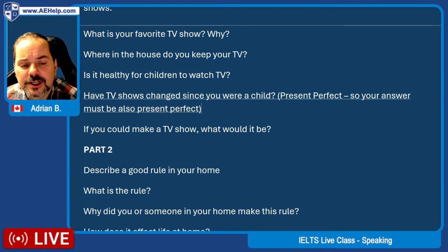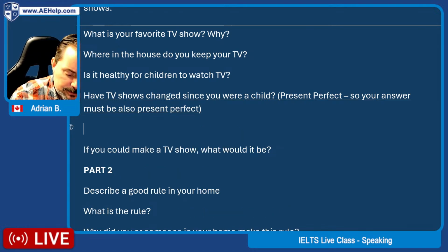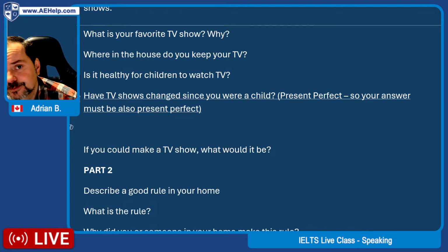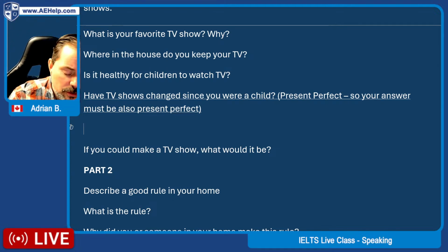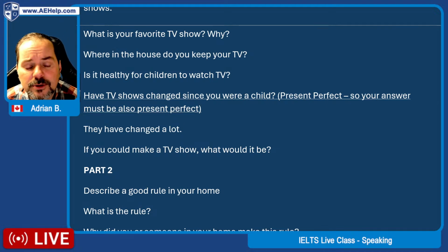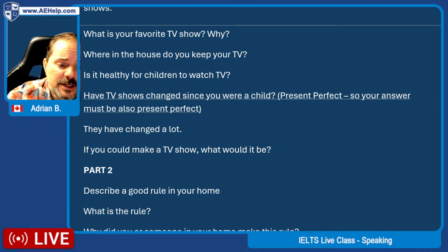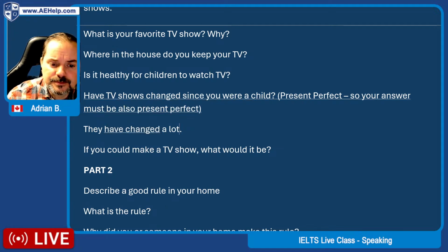In natural English, usually when a question is present perfect, very often the response will be in present perfect. So they have changed a lot. Just even a quick, simple acknowledgement of the present perfect like this. Have changed. They have changed a lot.